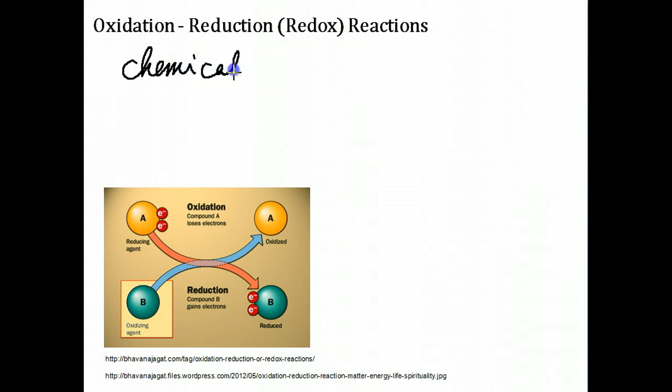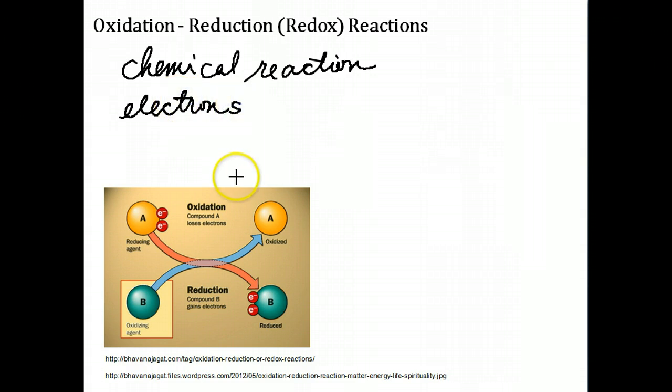So remember, chemicals are made up of atoms, and these atoms consist of neutrons, electrons, and protons, and it's the electrons that play an important role in these reactions.